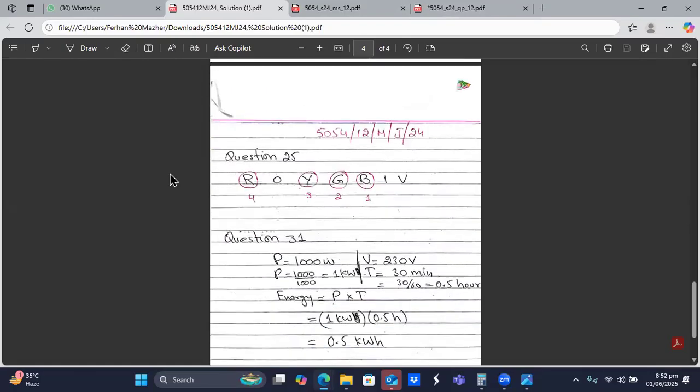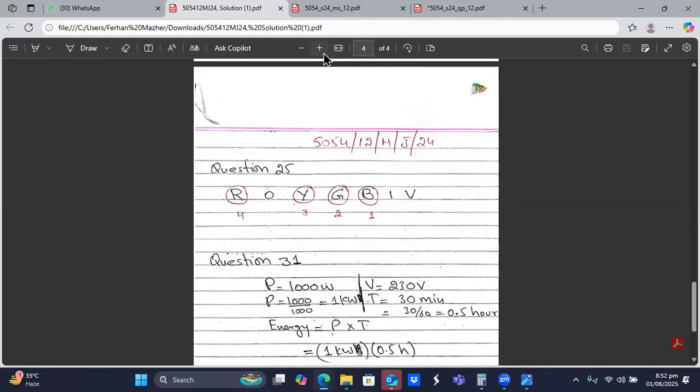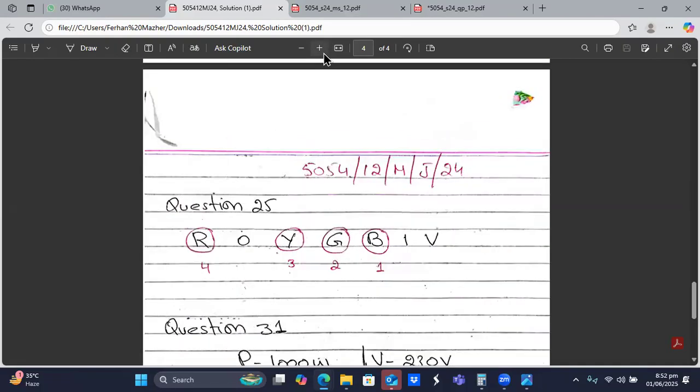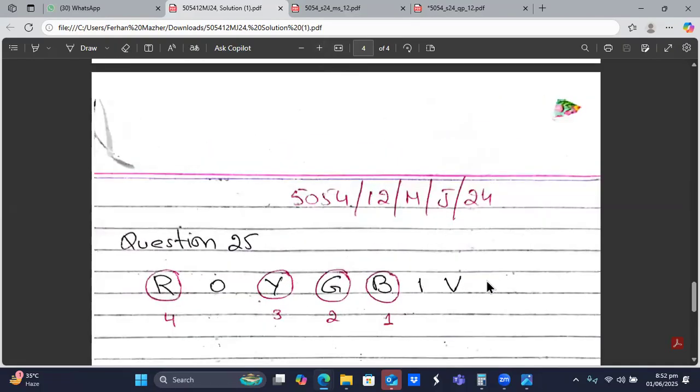So if I write it like VIBGYOR, red has the longest wavelength, and then orange, yellow, green, blue, indigo, violet. In our country, we call it Roy G. Biv. Roy G. Biv. So when you go in this direction, the wavelength is decreasing.